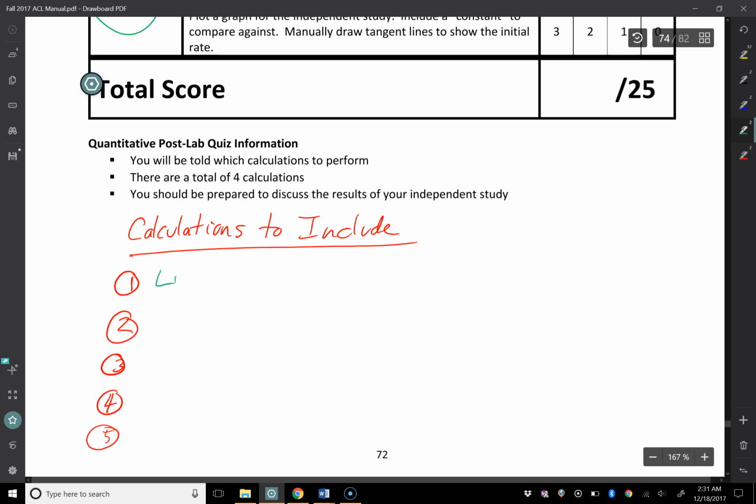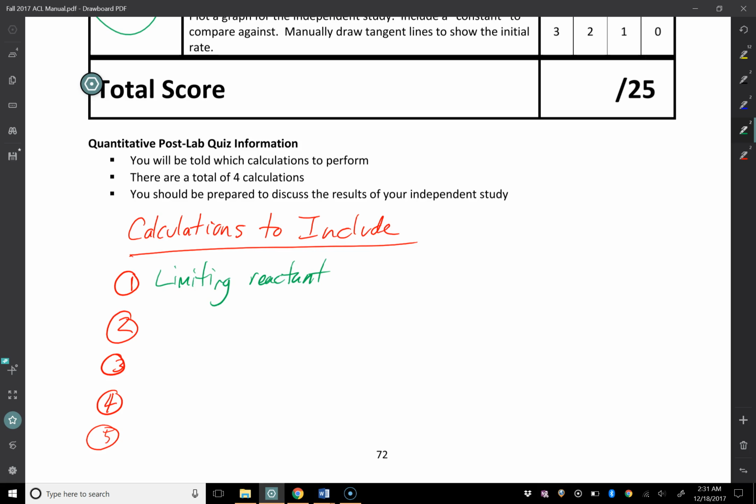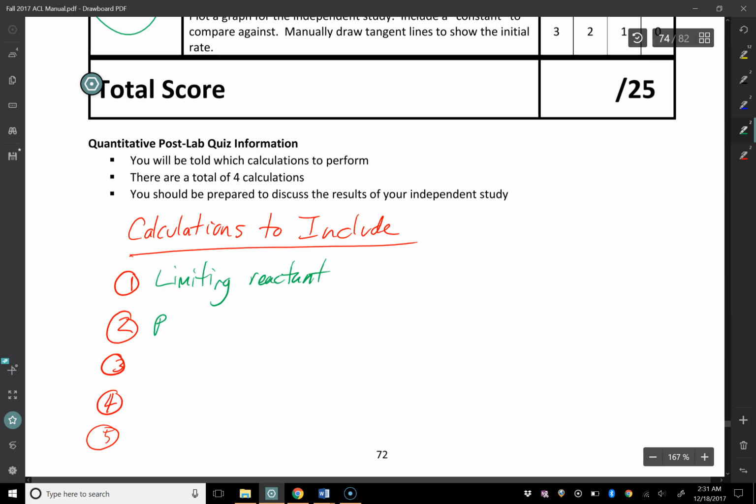First off, find the limiting reactant. You're working with the calcium carbonate and hydrochloric acid. You should be able to figure out which one's going to run out first. Based on that information, you can predict the volume of CO2 formed.